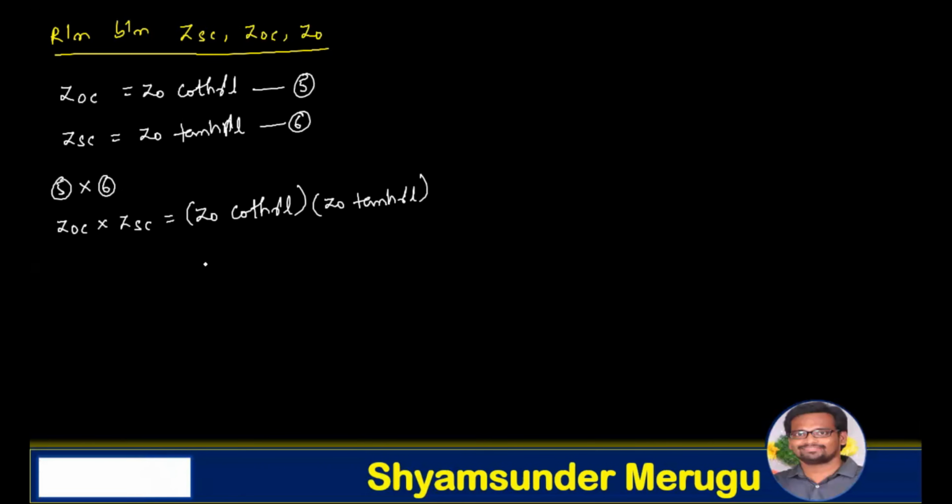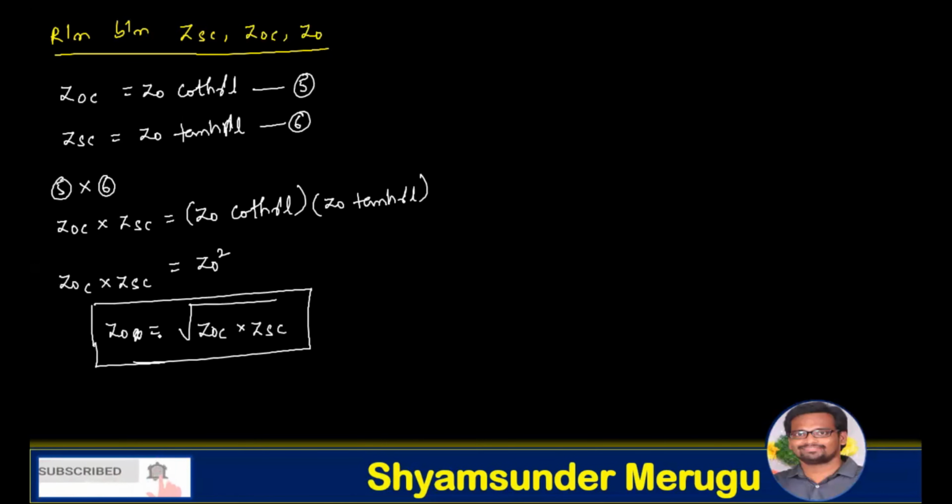Coth gamma l and tanh gamma l cancel, and we are left with ZOC into ZSC equals Z0 squared, so Z0 equals the square root of ZOC multiplied by ZSC.